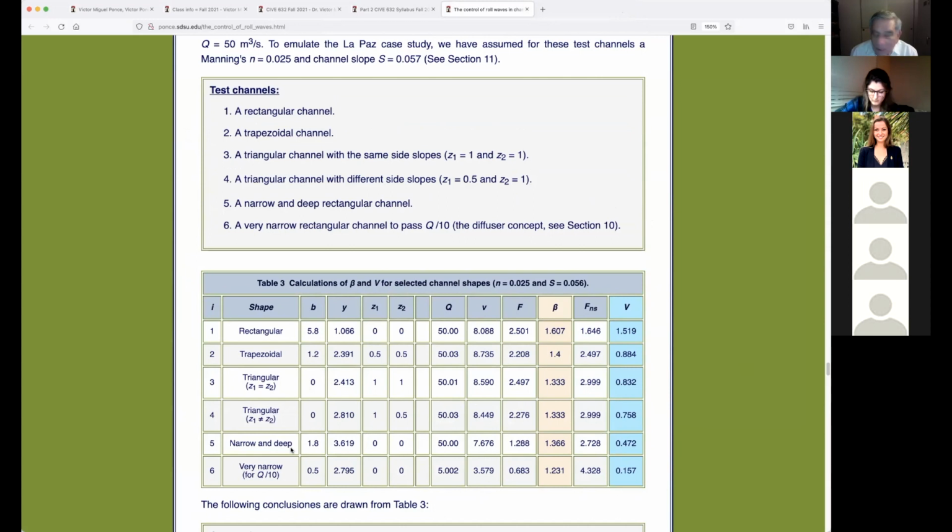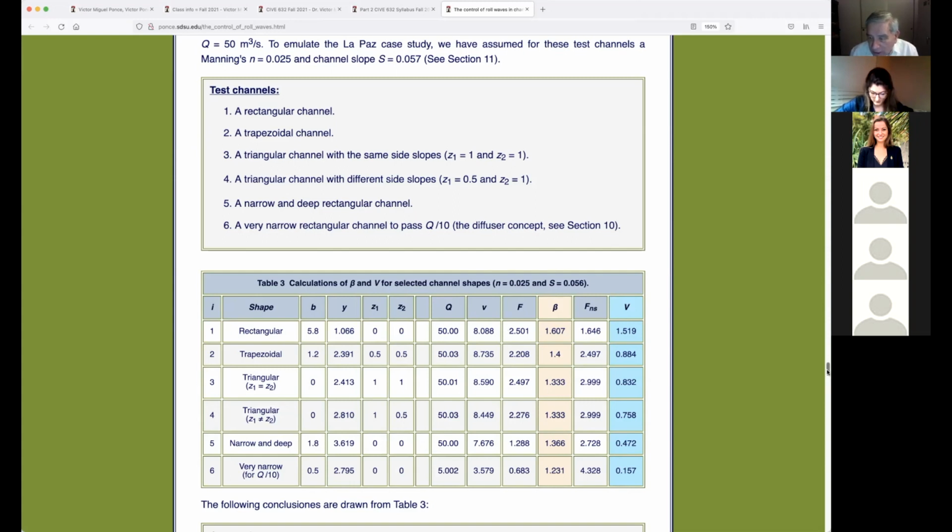But most people don't want too deep a channel because of building costs, so they have to calculate it. A deep and narrow channel will force beta to drop, perhaps not to 1.1, but it will drop, and therefore it will be conducive to stability.